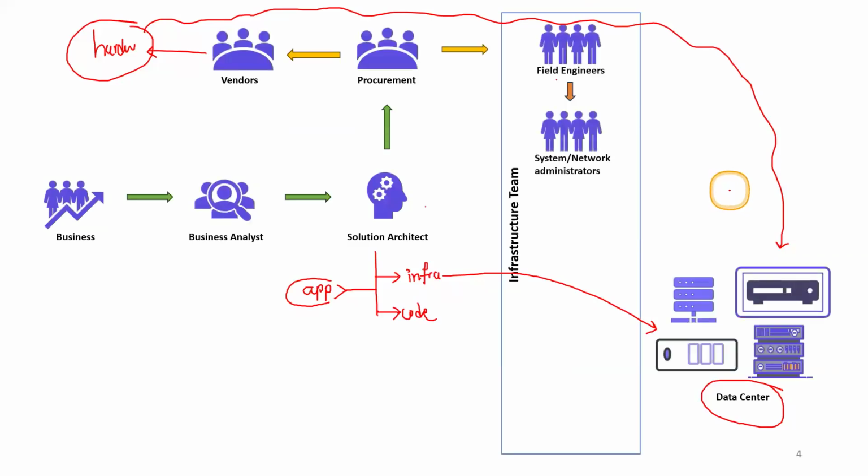Once the field engineers have completed, that's where the system admins and network admins come into the picture. The system admins will take care of the initial configuration of the system, as well as the network admins will take care of the network configuration, so that all of these systems are available over the network.